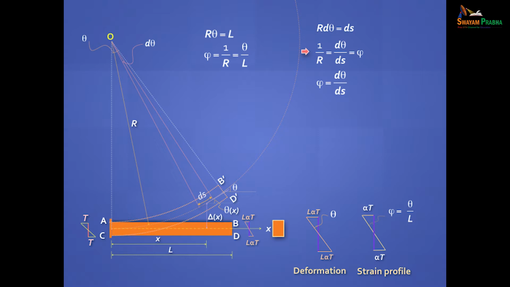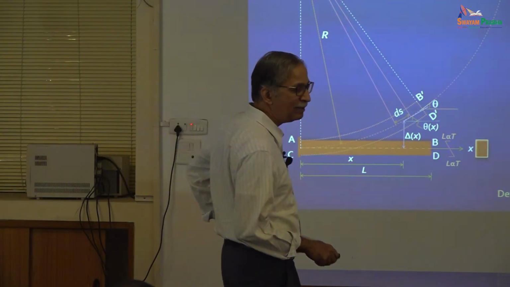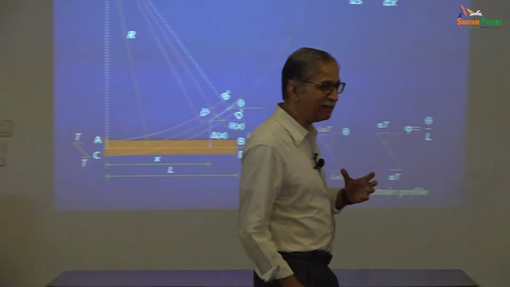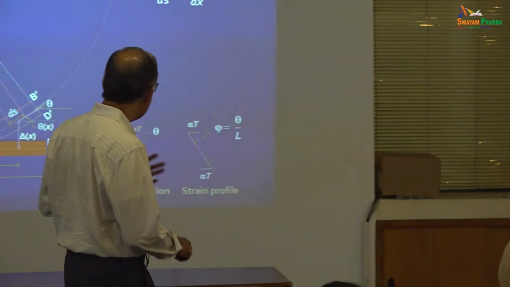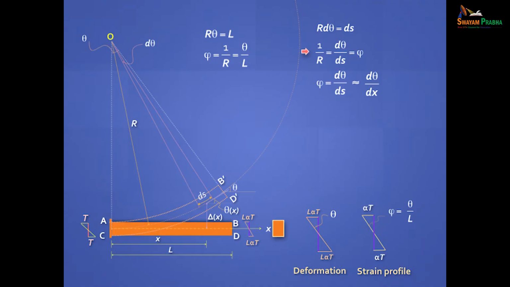Now we make an approximation. We say that ds and dx, the projected length on the x-axis, for small deformations are nearly the same. And when you make that approximation, phi is equal to d theta by dx. The actual definition for curvature works out to be this.